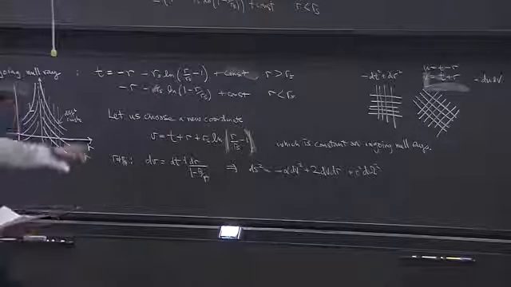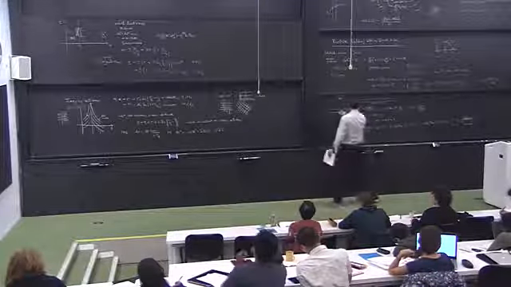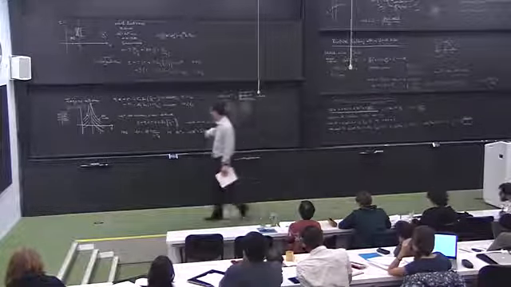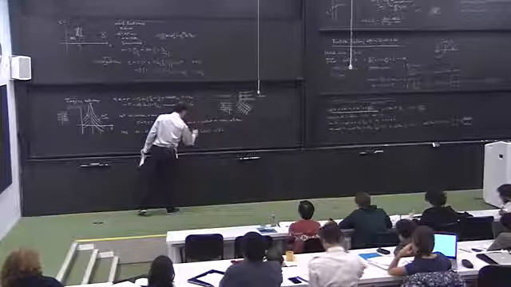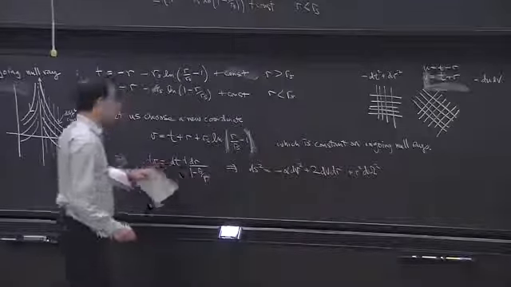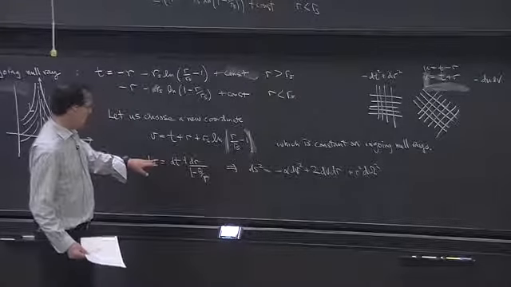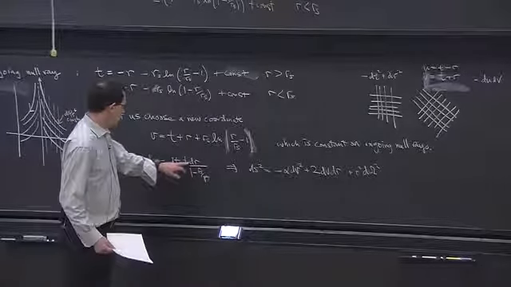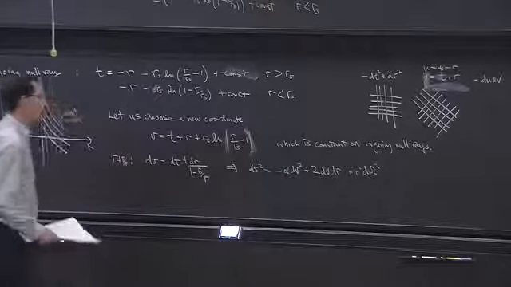To see that, just take this ds squared over here and compare it to this expression when I substitute in for dv. So dv squared will give me the minus alpha dt squared, and the dr squared piece comes from here.